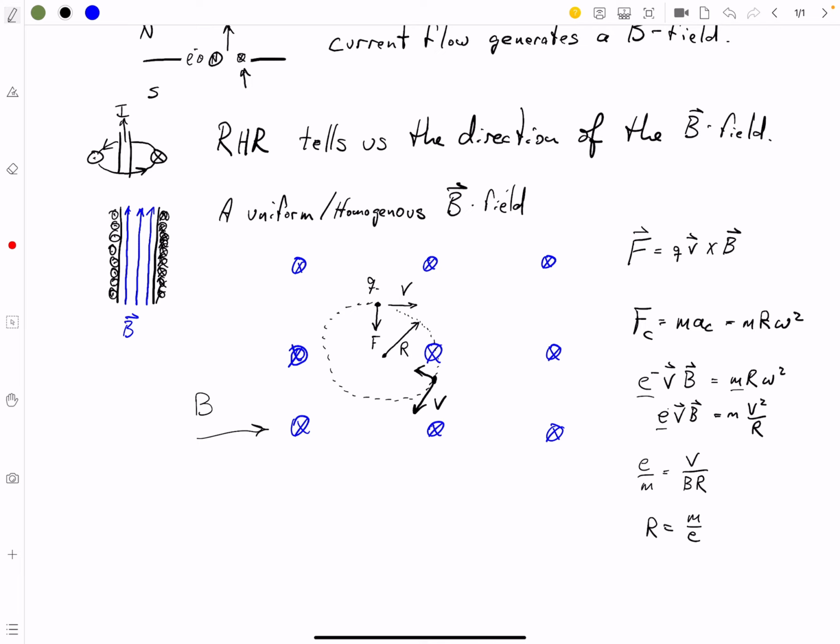M over E, V over B. Did I do that right? We need the E and the V and the B. Okay, I think that does it. So there's all kinds of ways to do these things. We could be asked for a certain omega.